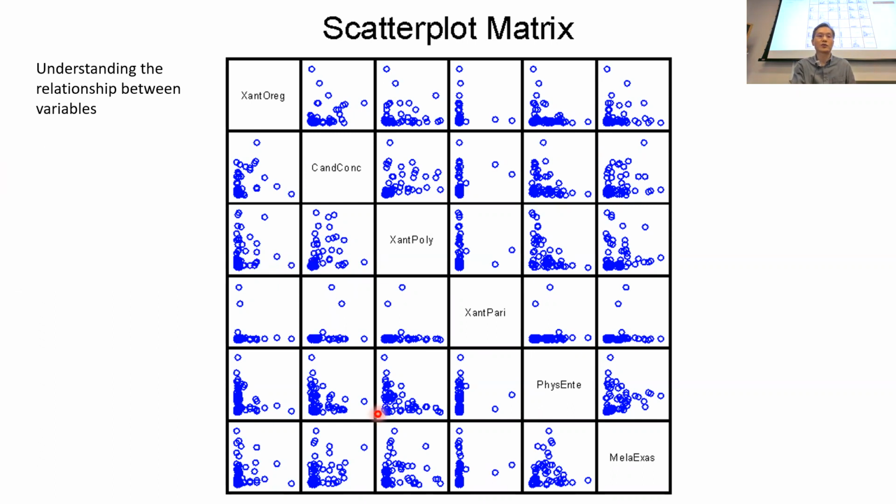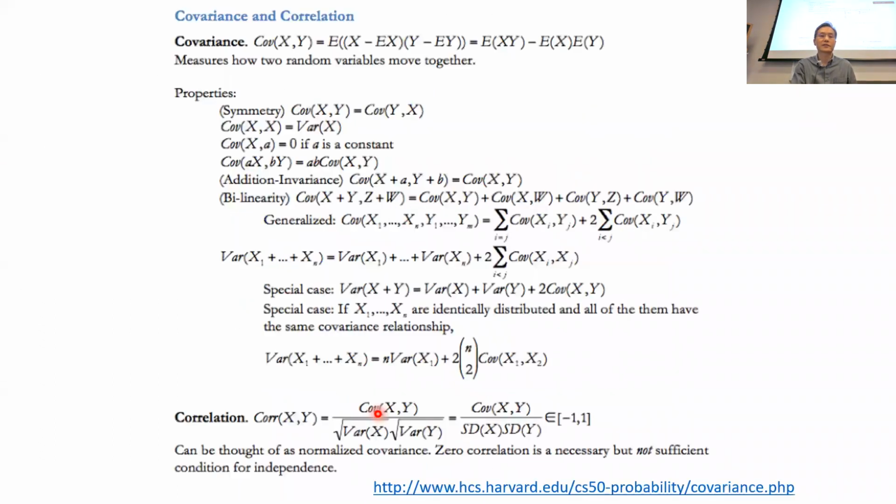So that's one way to express this. The covariance matrix and this correlation matrix are linked. Once you have one, you should be able to get the other, because there's some kind of normalization, and then you get a correlation matrix.